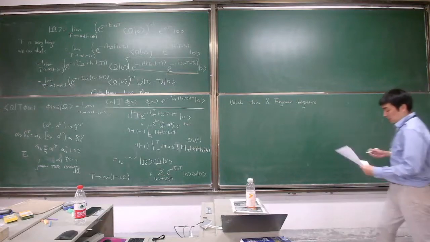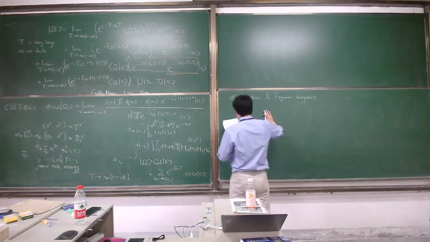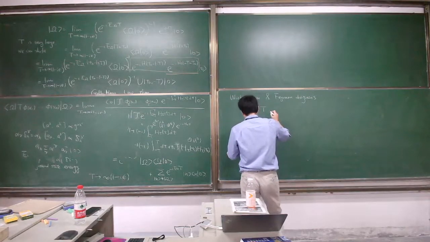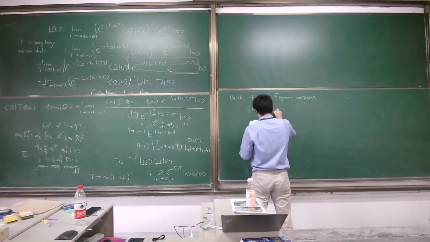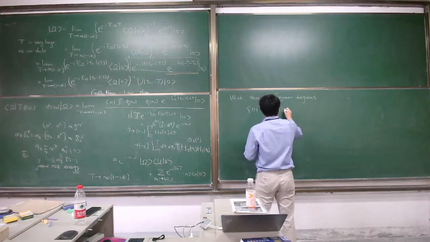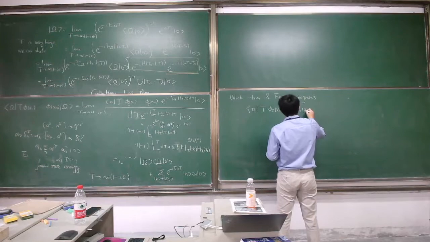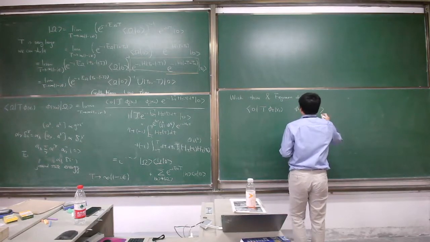So what we want is essentially to evaluate T of phi_I(x1) ... phi_I(xn).